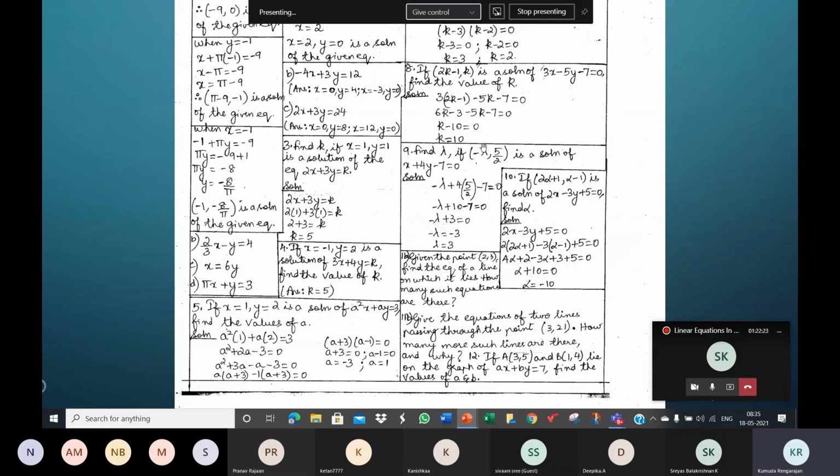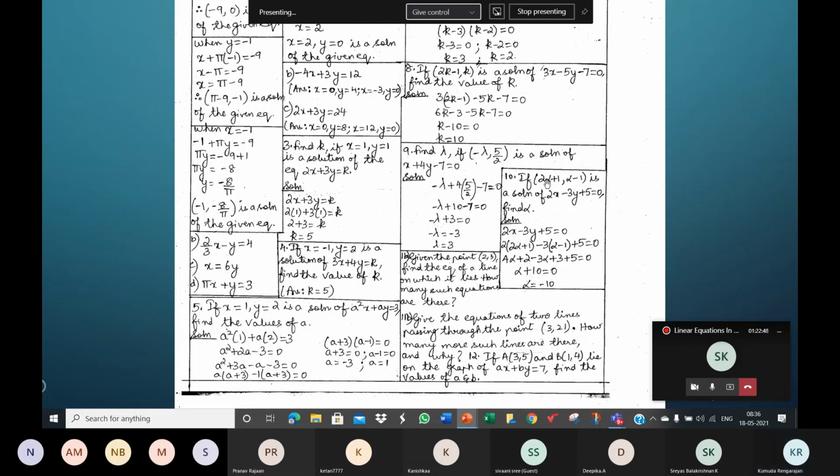So this is the x coordinate and this is the y coordinate. In place of x, you must use minus lambda, and in place of y, you must use 5/2, and work and find the value of lambda. So here the x coordinate is 2 alpha plus 1 and the y coordinate is alpha minus 1. This is again alpha, a Greek letter.